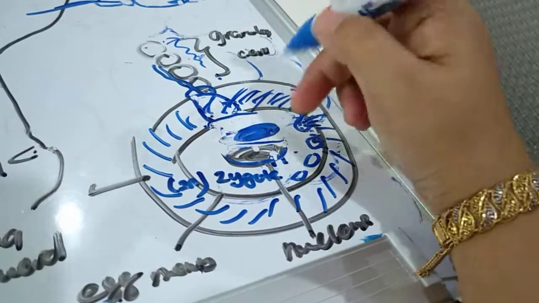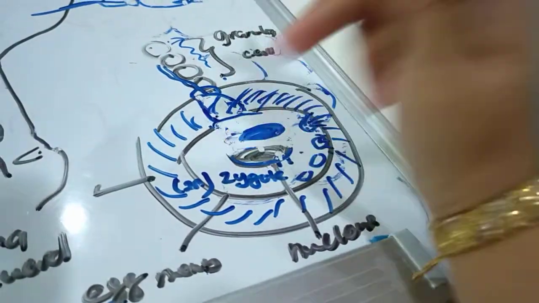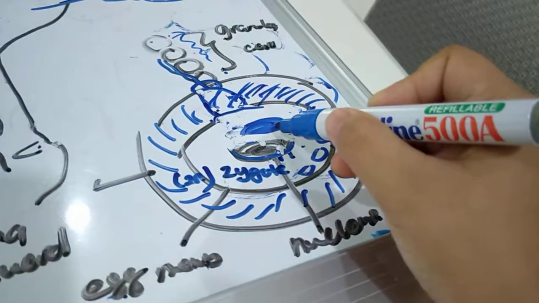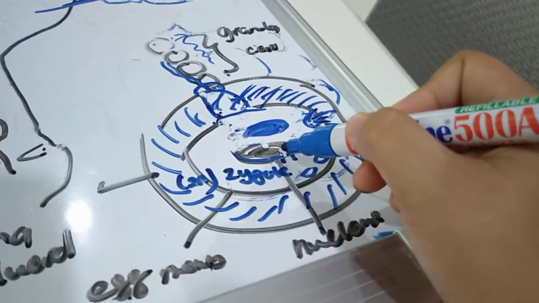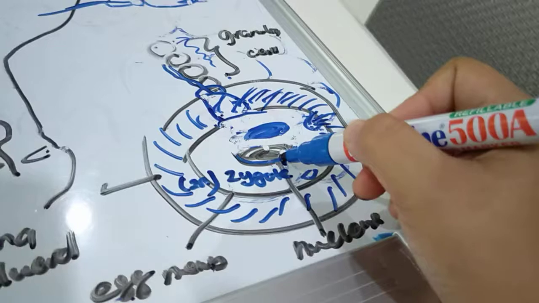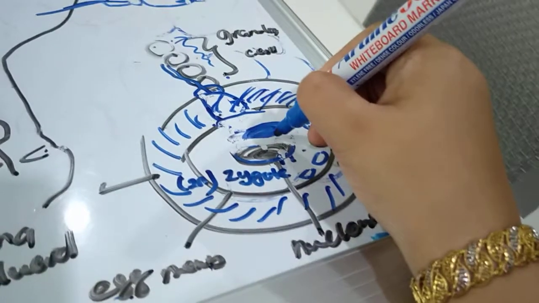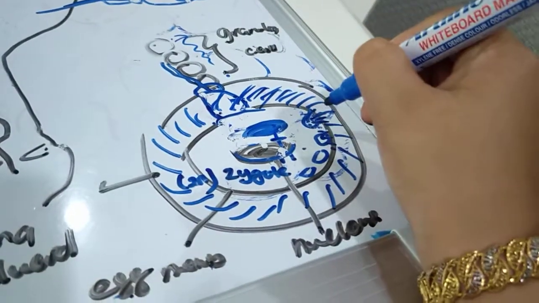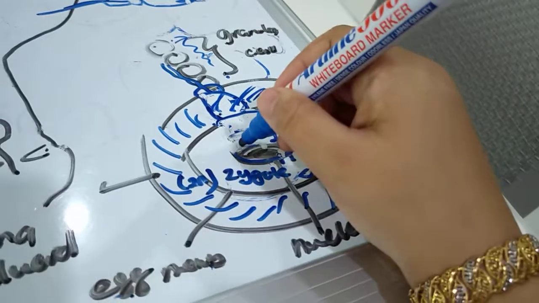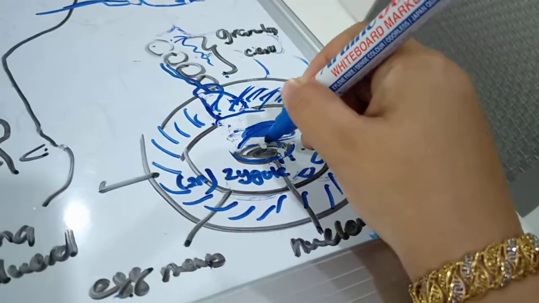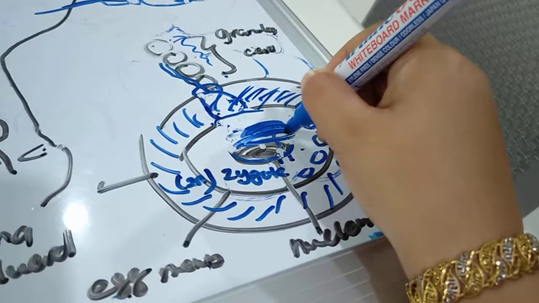So what happens next is, since the nucleus of sperm is here, the secondary oocyte has already become an ovum. So the next process is fusion or fertilization of male gamete and female gamete.